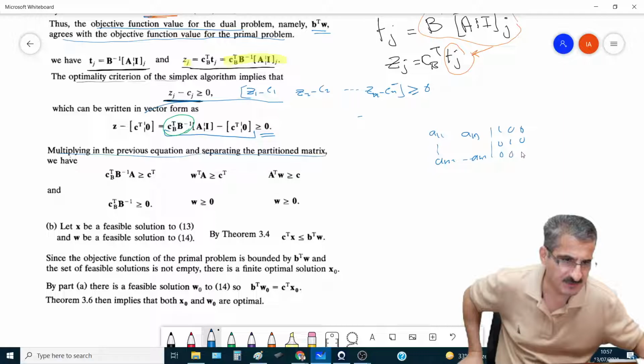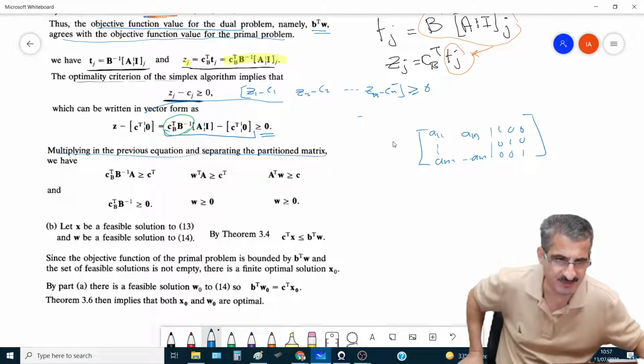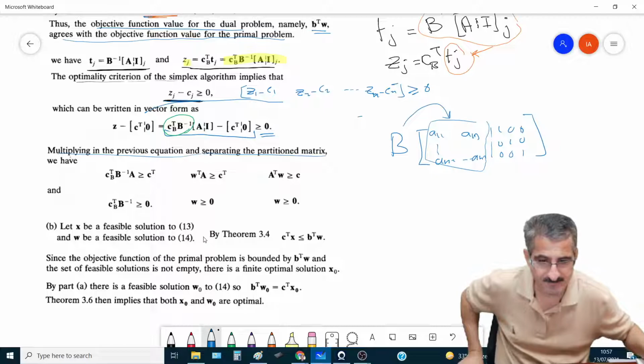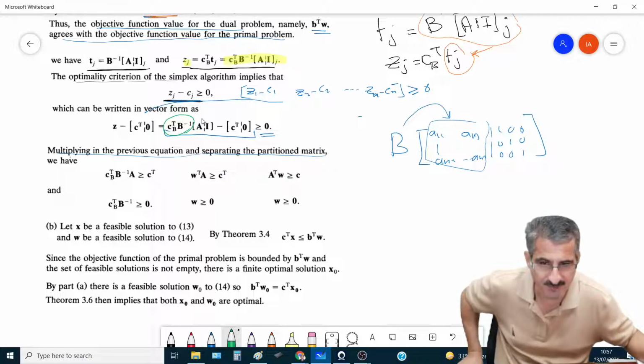We want to multiply this with some matrix B. So I multiply B with the part A, and I get this.